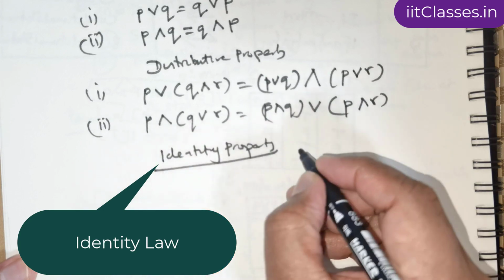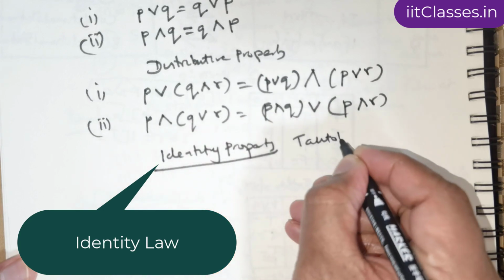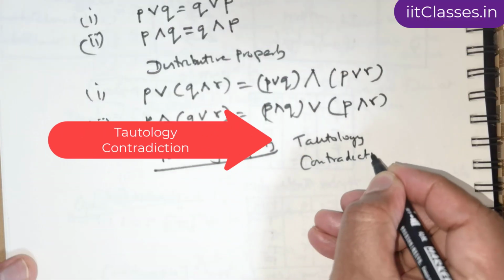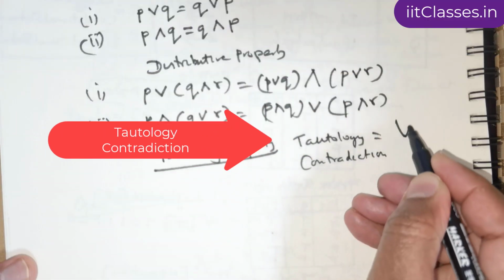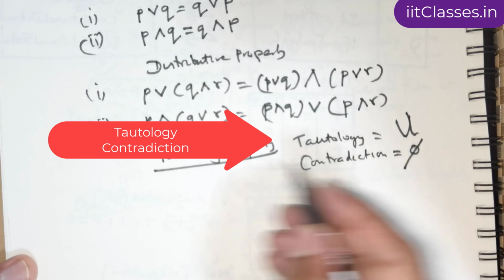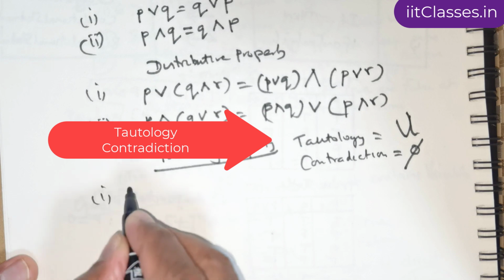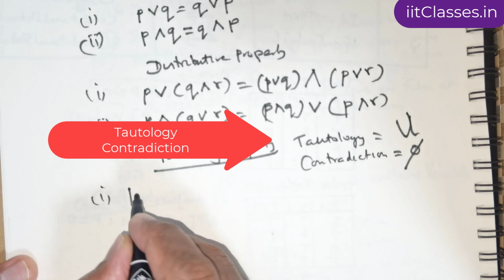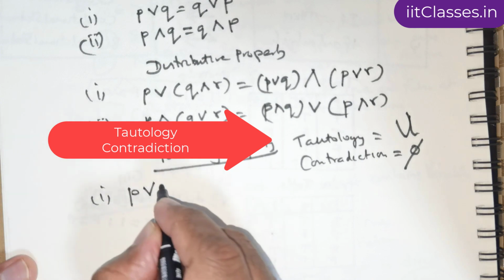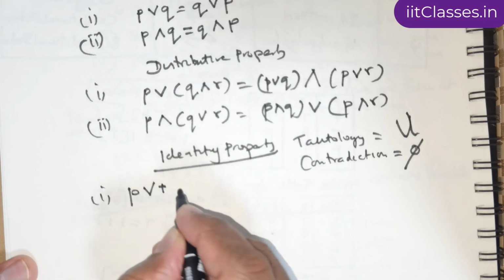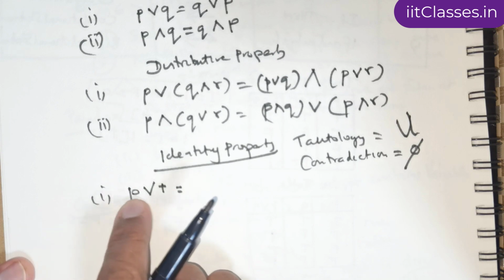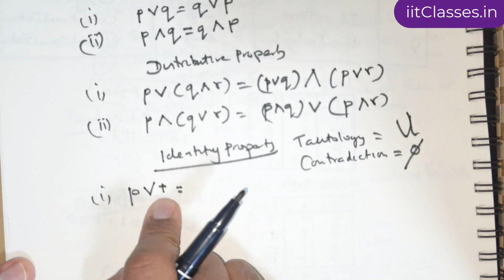Now there is an important concept which we have come across, tautology and contradiction. Tautology is associated with the universal set, and contradiction is associated with the empty set. So if you have P disjunction tautology, what happens when you have P union the universal set?